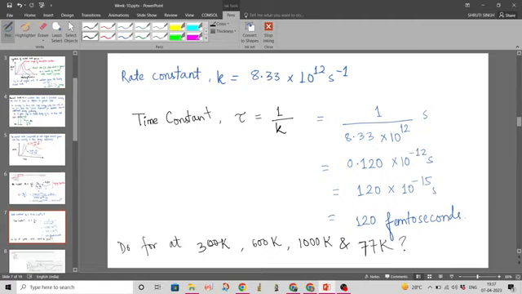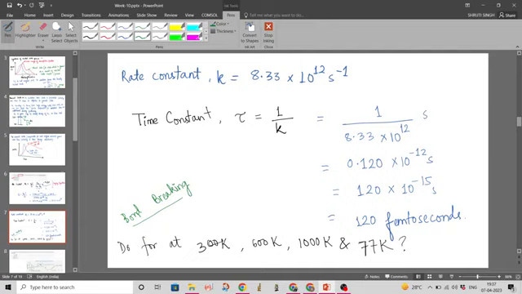Now what is the fastest possible reaction? The fastest possible reaction in chemistry is basically just the bond breaking. This much time is taken by a bond to break at 400 Kelvin.